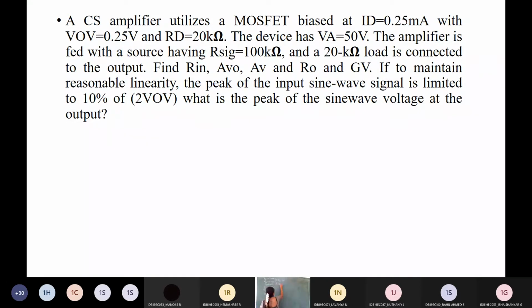So next, AV naught is minus GM into RD parallel R naught. You can easily remember the formulas. AV naught means you are not including any load resistor. AV means you will include the load resistor.